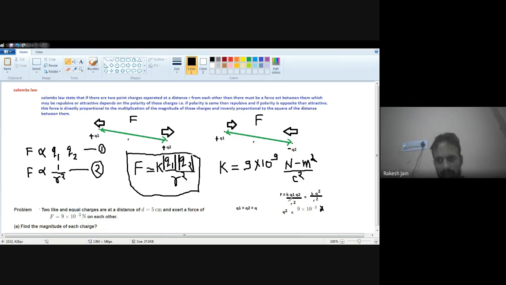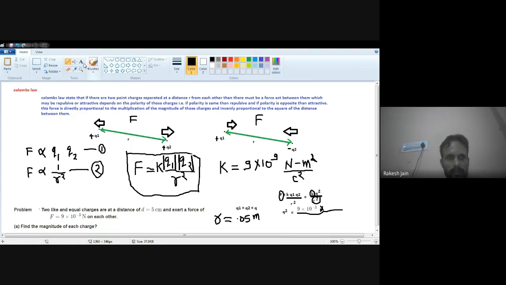This F will be multiplied by this R square, divided by this K. So what is R? For this question, R is 5 centimeter, which means 0.05 meter.